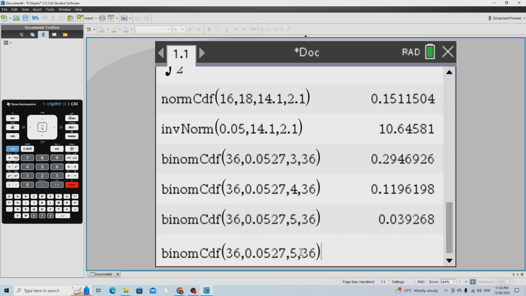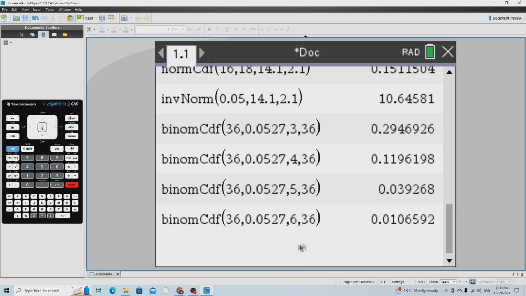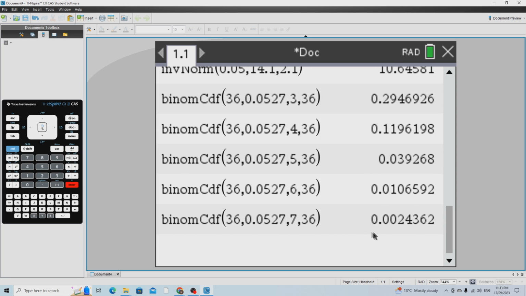Let's check 6. Aha, 0.01. That is nearly there, but remember, we want it to be less than 0.01. It's still greater. So probably the next one is the right one. If I put 7 here, when n equals 7, 0.00... Okay, perfect. This one is less than 0.01. So n equals 7.